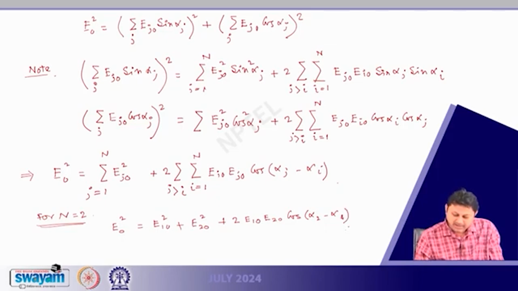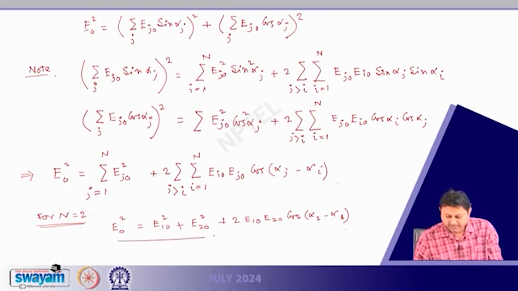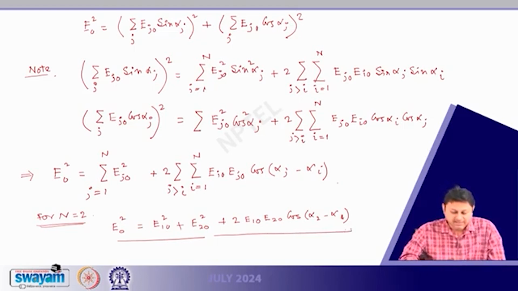Mind it, when I take i equal to 1 and n is 2, then j has to be 2, and we are going to take it in this way. So this is the term we already had previously when the two waves are superimposed with each other.